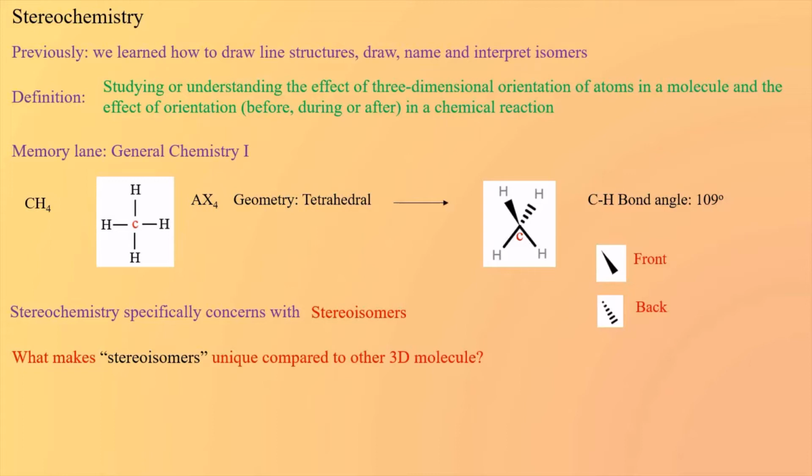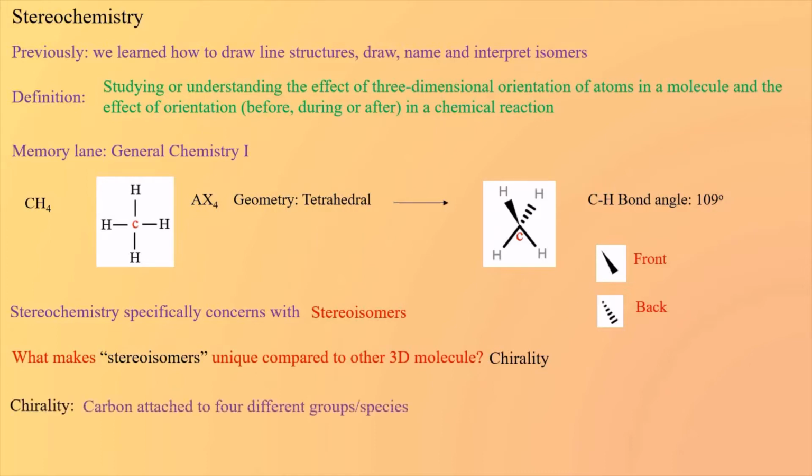Well, stereoisomers are also 3D molecules, but they have something unique compared to a 3D molecule shown above, like methane. Methane is not a stereoisomer, it's a 3D molecule. But what makes a three-dimensional molecule a stereoisomer is chirality. That's the concept we're going to be talking a lot about in the next couple of weeks.